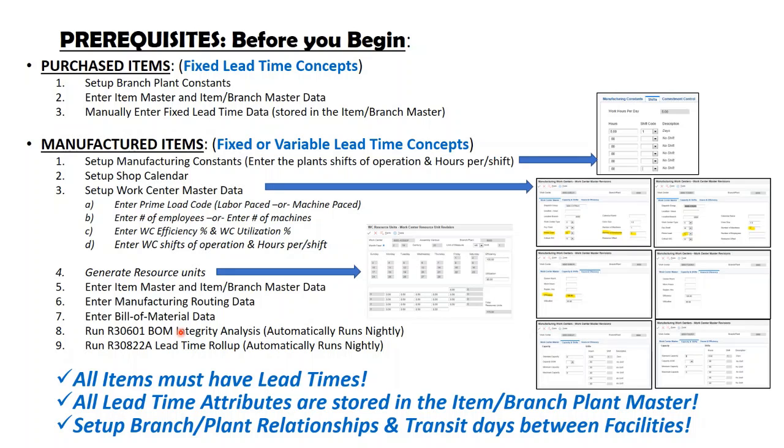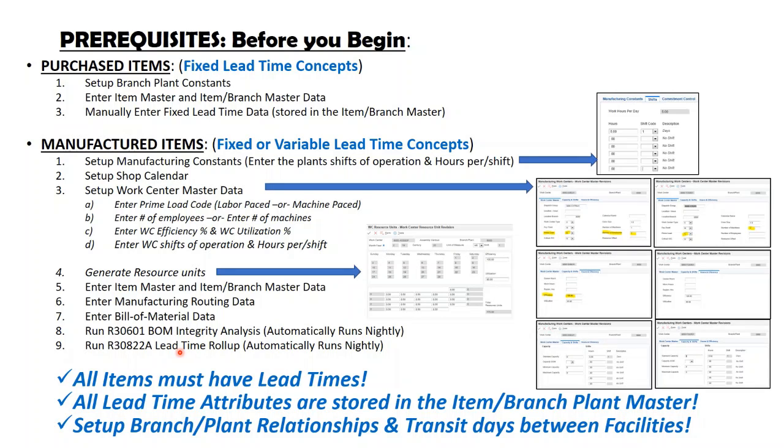All bills of material have a product structure, and the low-level code sets that indented bill of material structure. Finally, we're ready to begin our lead time roll-up, which usually runs nightly automatically as engineers are making changes or adding items in bills and routings.